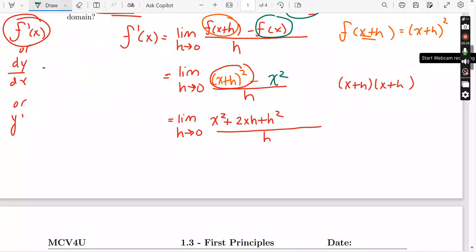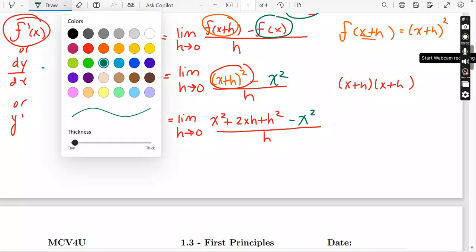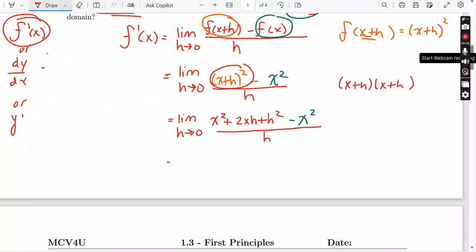And then minus x squared. So the limit as h approaches 0, the x squares will cancel out, x squared minus x squared.